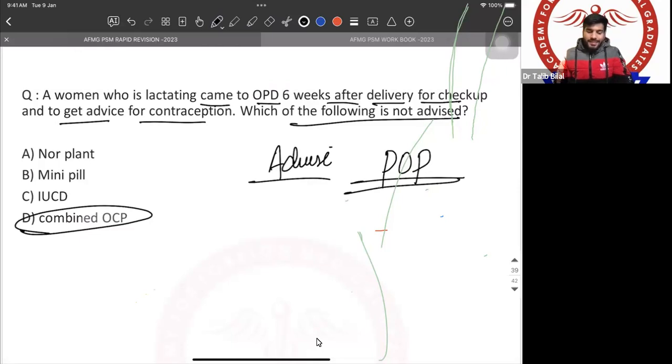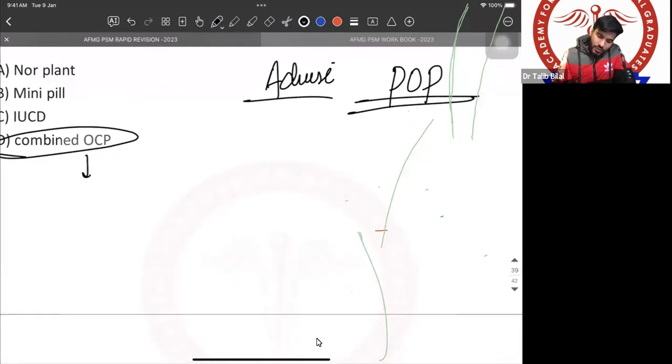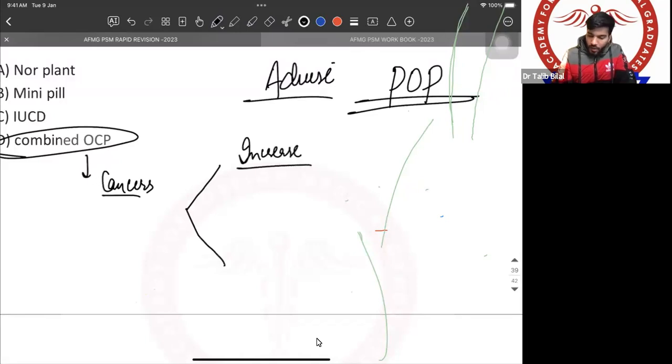So first let's discuss OCPs with cancers. Either they will increase the risk of some cancers or they will decrease some cancers. They will increase what cancers, guys?